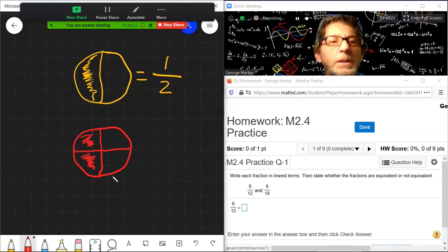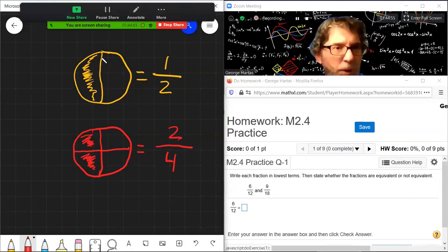Now this circle is identical to this circle, and this left half is shaded and this left half is shaded. So how do we express this figure in numerical fractional form? Well, again, we have a total of 4 equal parts: 1, 2, 3, 4, and 2 are shaded. So 2 of the 4 are shaded.